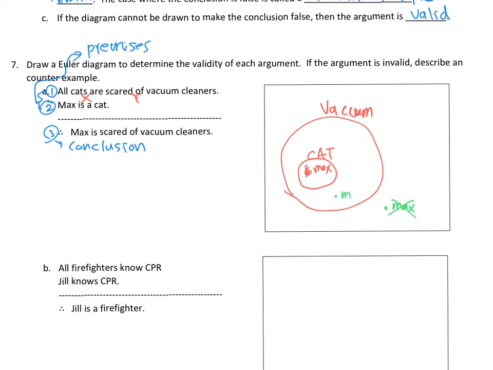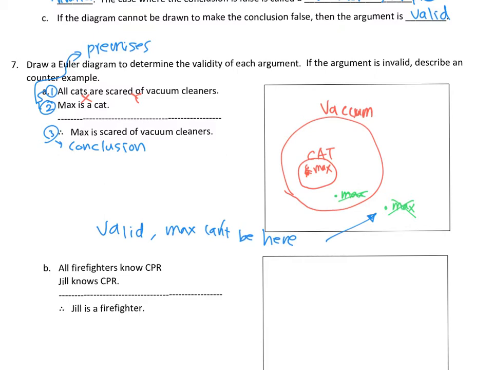The only possibility is for Max to be inside the cat circle, which means he has to be inside the vacuum cleaner circle. So this argument is valid, because Max can't be here. That would have been my counterexample, with Max outside the vacuum cleaner circle, but that's not possible.